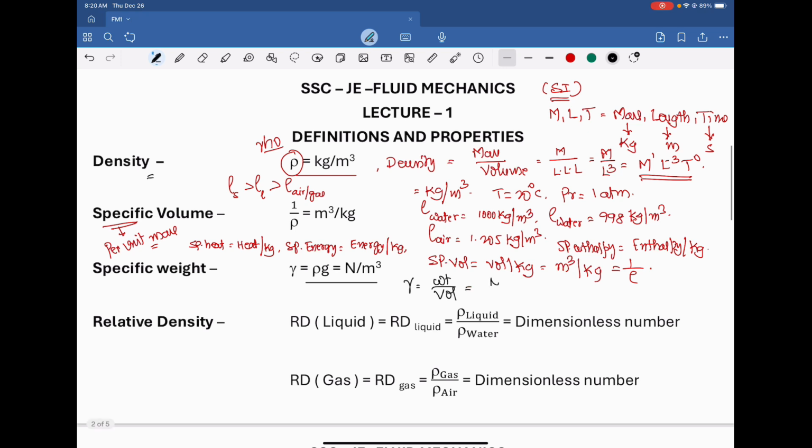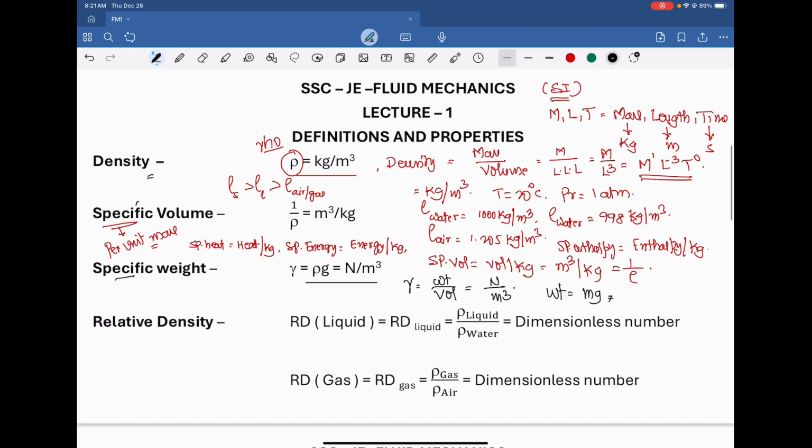Weight is in newtons. Volume is in cubic meter. What is weight? Weight is equal to mass into acceleration due to gravity. Here don't confuse this specific with that specific. This is different. Weight is equal to mass into acceleration due to gravity.